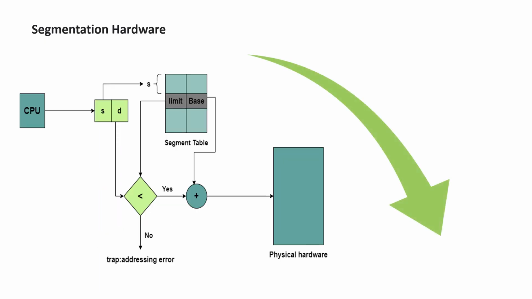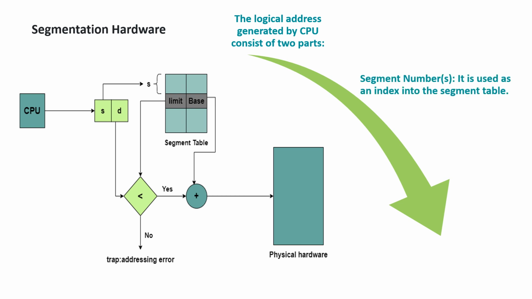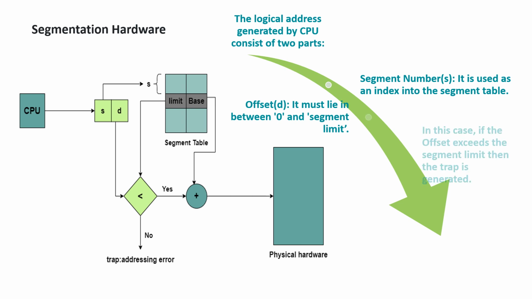And now we can see the segmentation hardware. The logical address generated by the CPU has two parts: the segment number, which is used as an index into the segment table, and the offset, which must lie between 0 and the segment limit.